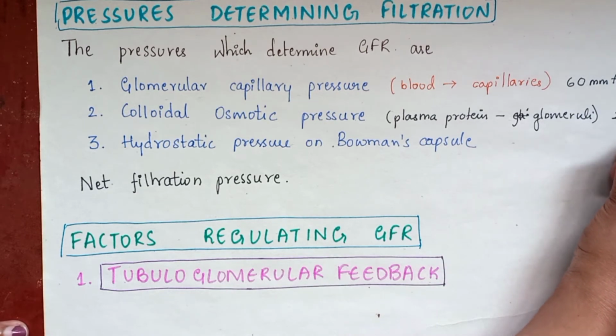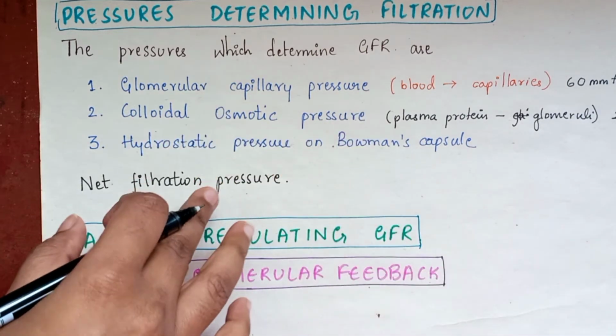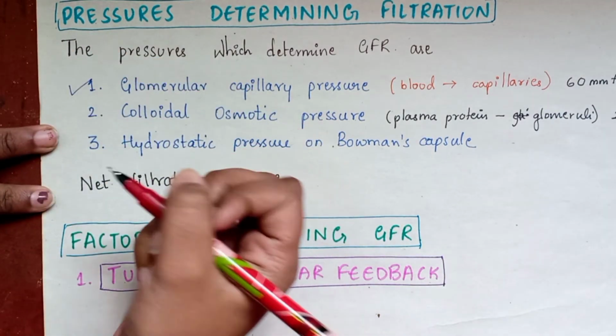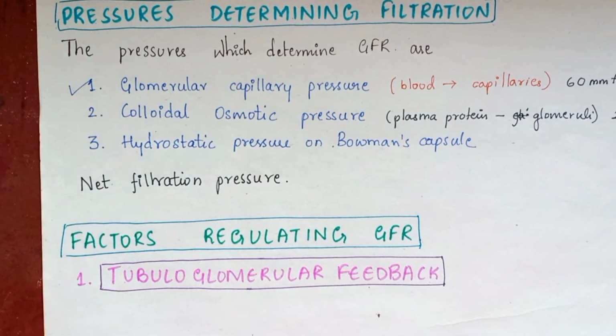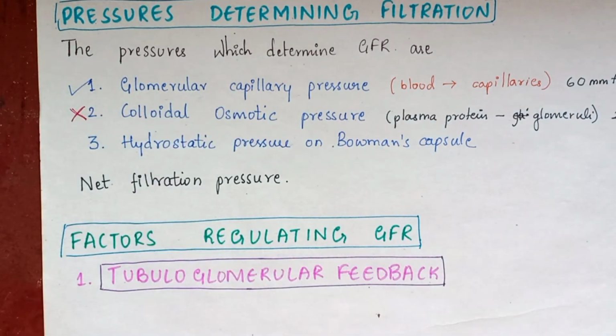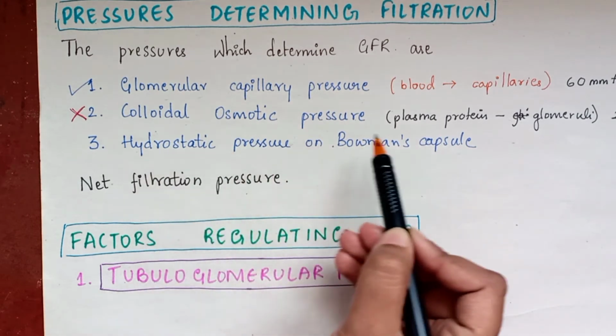The plasma proteins are not filtered through the glomerular capillaries and they remain in them. These proteins develop this colloidal osmotic pressure which is 25 mm of Hg. As you can see, glomerular capillary pressure is in favor of GFR, whereas colloidal osmotic pressure is not in favor of GFR.